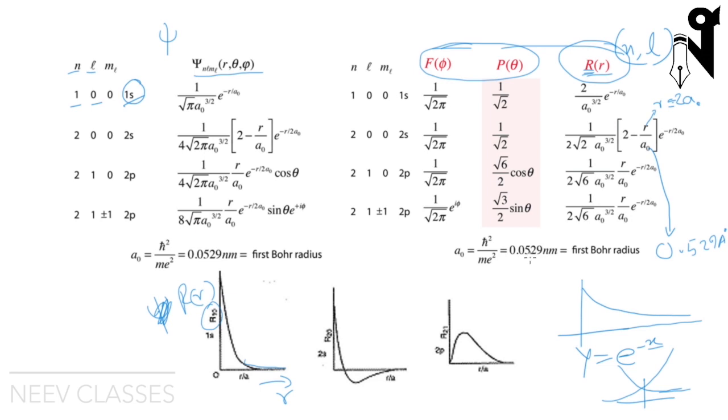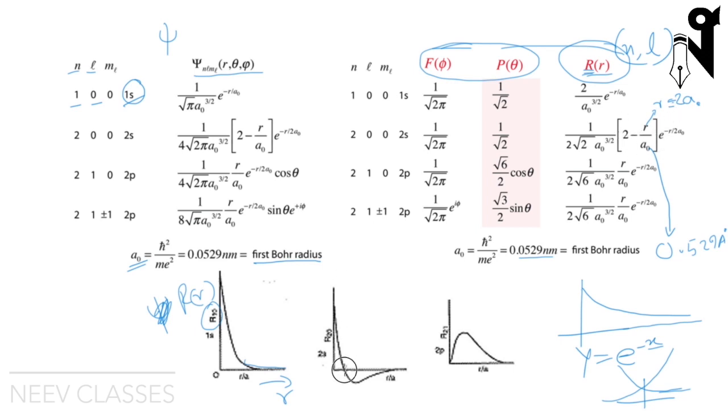That is 0.529 angstroms, which is 0.0529 nanometers, 53 picometers. So that's your Bohr's radius, first Bohr's radius. That is your A naught. So if r is 2A naught, this function will become 0, right?